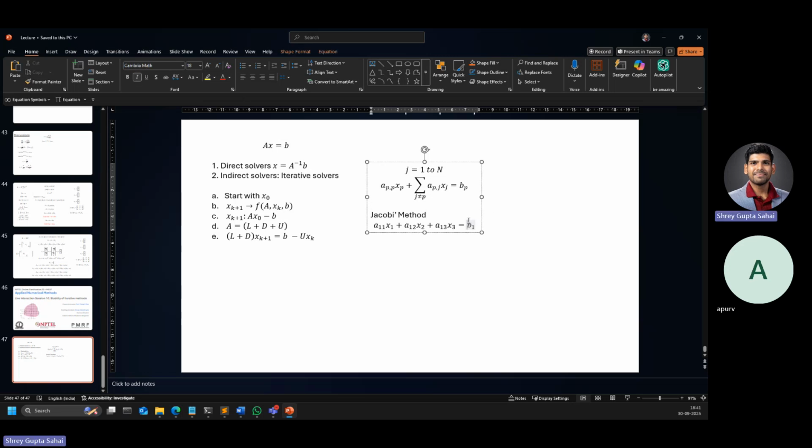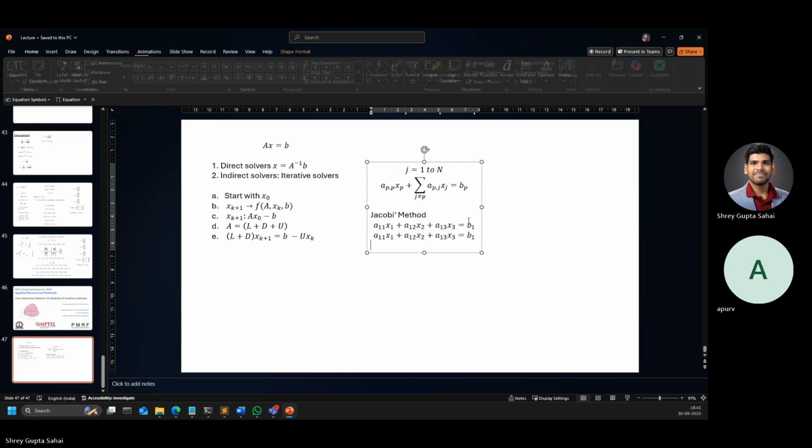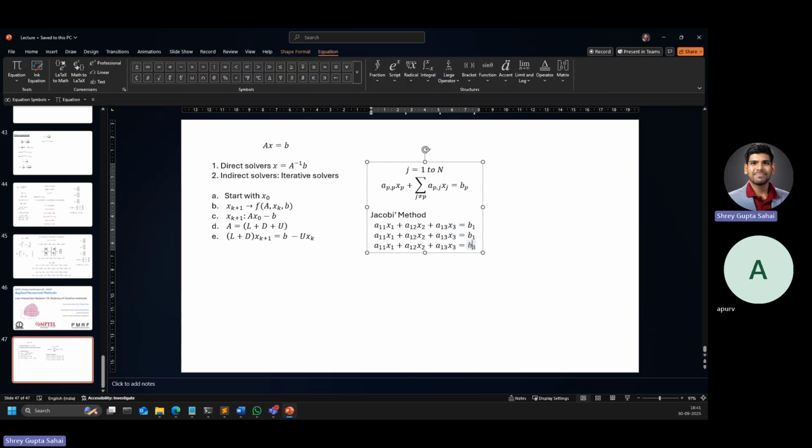Okay, and the system of equations is this. So b3 and then b2, and then this is 2, this is 3, this is 3, this is 2. Right. So now what do you do in Jacobi's method?